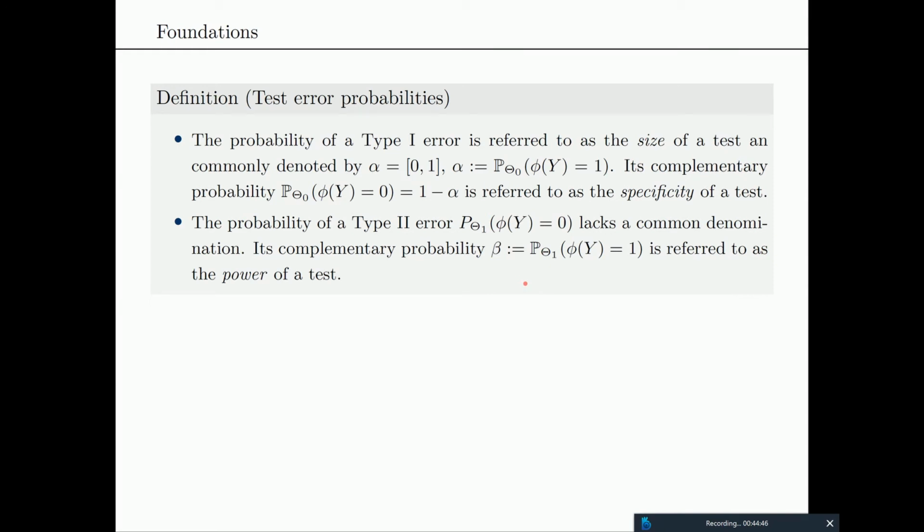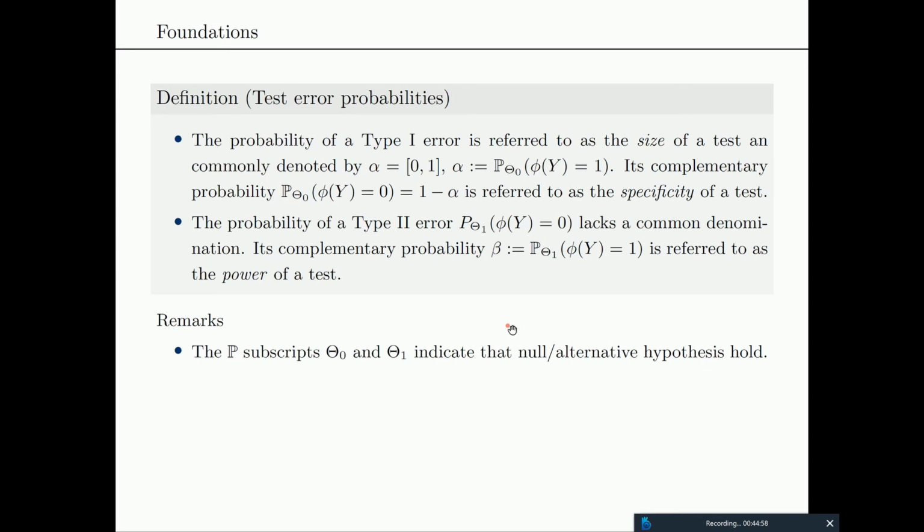Yeah? So the power of a test is the probability to detect an effect when it's in fact there. That is the same as rejecting the null hypothesis under the assumption that the alternative hypothesis holds. And yeah, this is what I said.